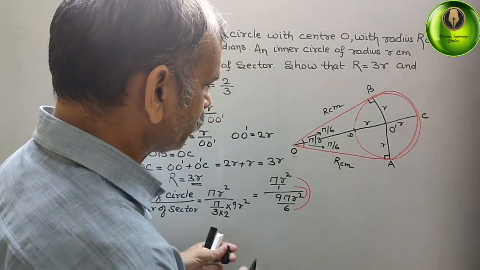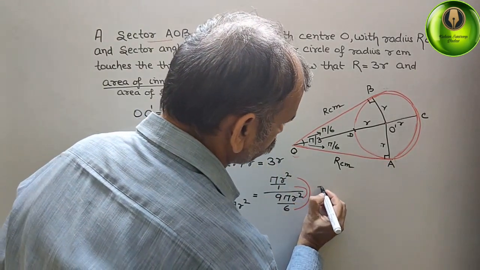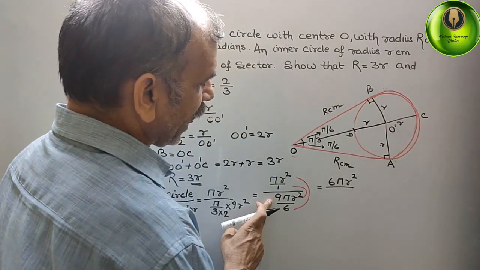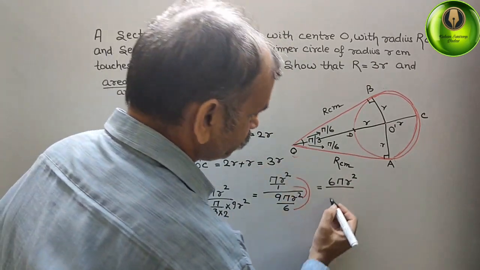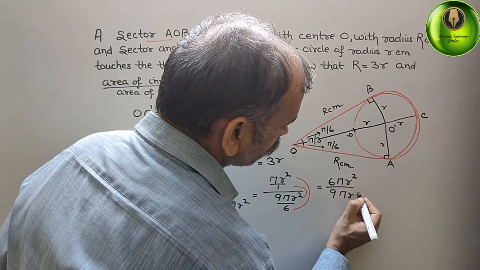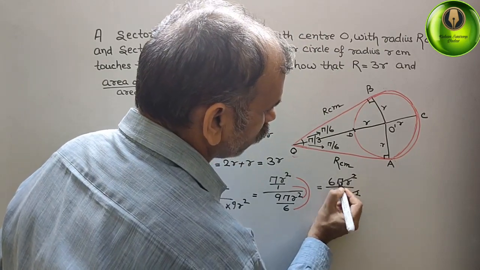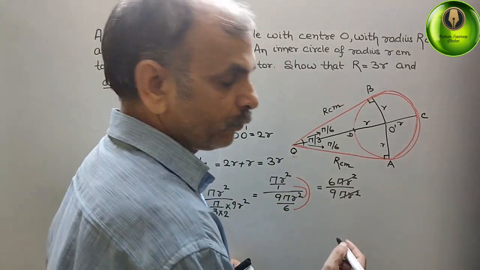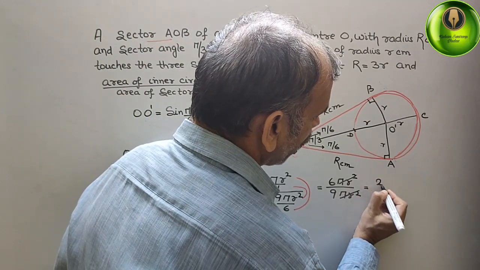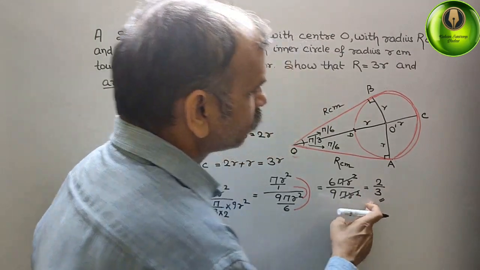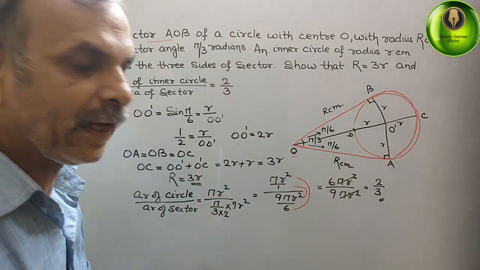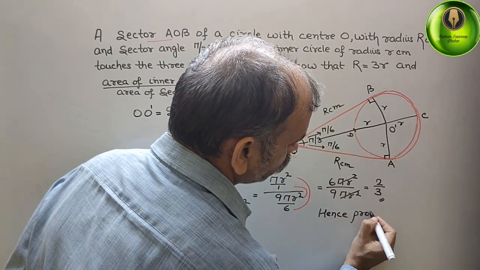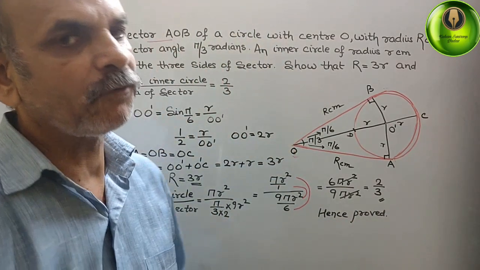So what it will be? 6 into pi r square is 6 pi r square, over 9 pi r square. Now pi r square gone. 6 by 9 reduced by 3, so what you will get? 2 by 3. So this we have to show, hence we can write hence proved. So like this we have to solve it out.